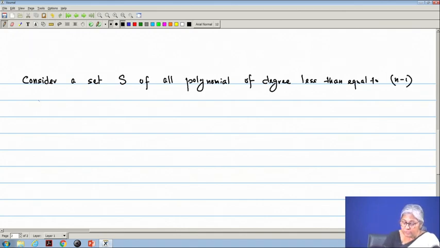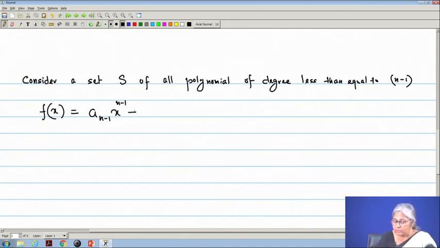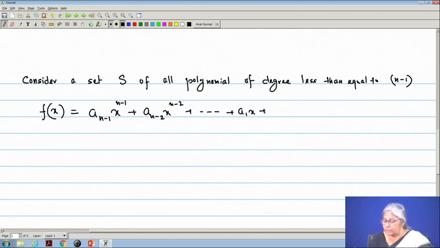So, we can write the polynomial f(x) equal to a_{n-1} x^{n-1}, since the highest degree is n minus 1, plus a_{n-2} x^{n-2}, and so on, plus a_1 x plus a_0. We can write it as the sum for i equal to 0 to n minus 1 of a_i x to the power i.